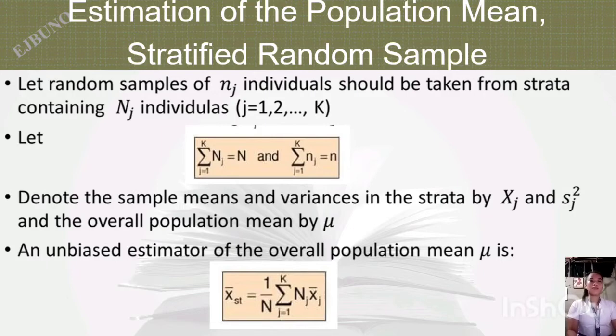Denote the sample means and variances in the strata by x bar sub j and s squared sub j, and the overall population mean by mu. An unbiased estimator of the overall population mean mu is the sample mean sub st, equal to 1 over N times the summation of the product of N sub j and sample mean sub j.